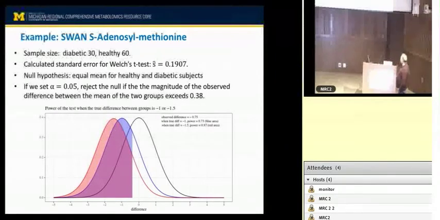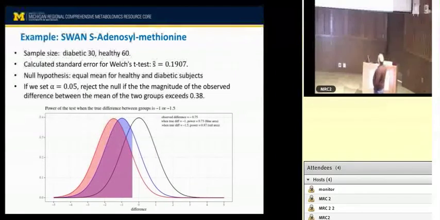And then we start looking at this type of curves. Essentially, we summarize what power you would achieve for different types of differences. Okay. So the observed difference is 0.75.